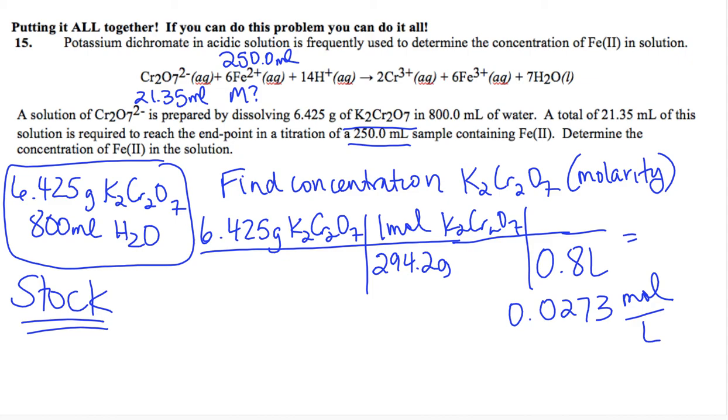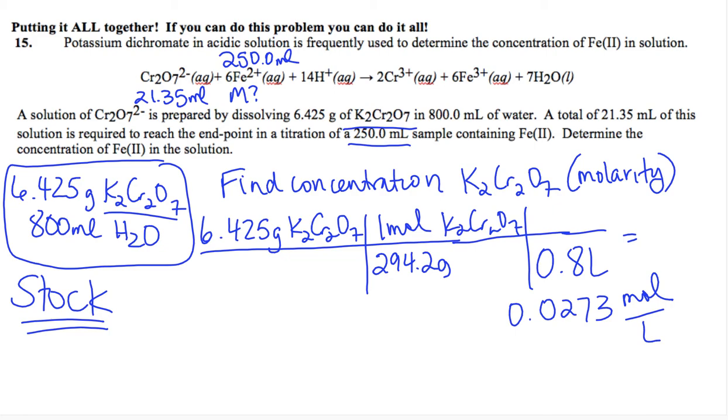This is the concentration of potassium dichromate. I will say it is equal to the concentration of dichromate, but why? I don't want you to just assume it's equal. I want you to know why it is equal. We need just the concentration of the dichromate ion. This is potassium dichromate concentration. Why are they the same?